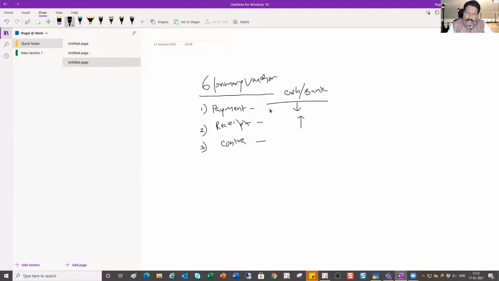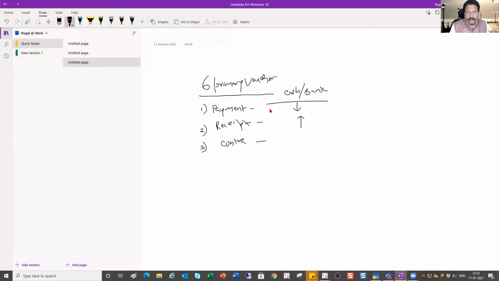Sometimes companies have a petty cashier who handles small disbursements of cash. So there is a petty cashier and there is also a cashier. Whenever the petty cashier requires money, he requests the amount from the cashier, and the cashier transfers the money.